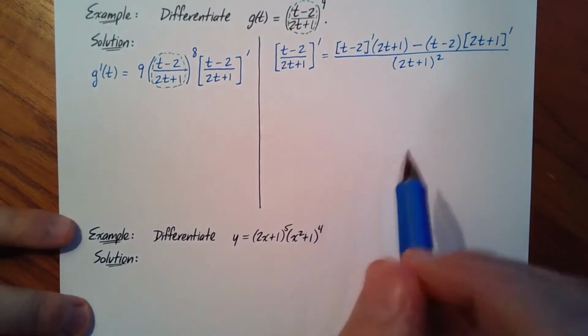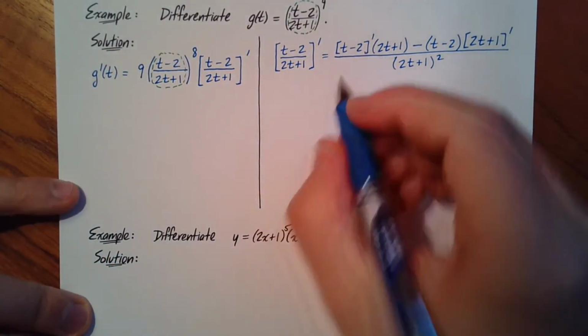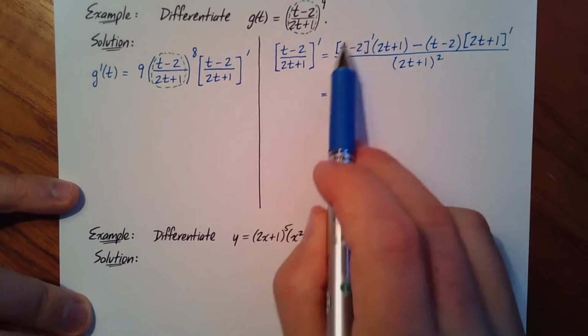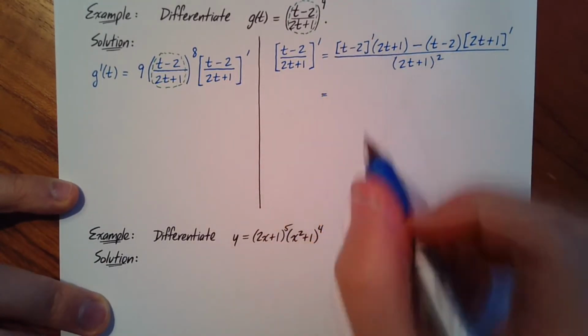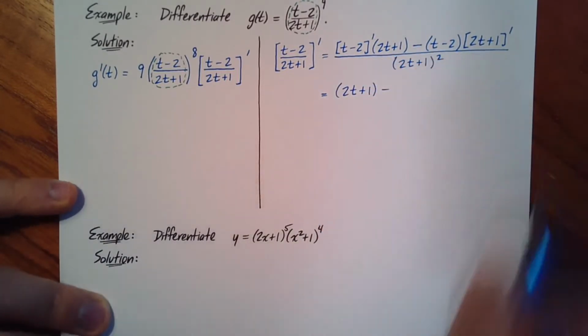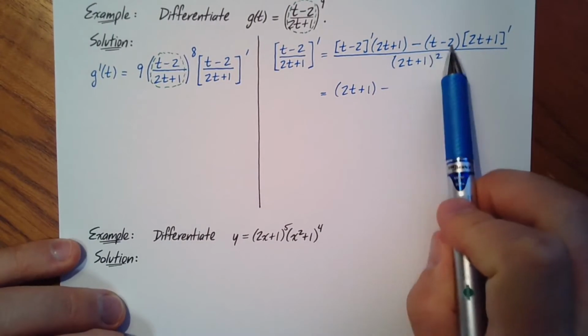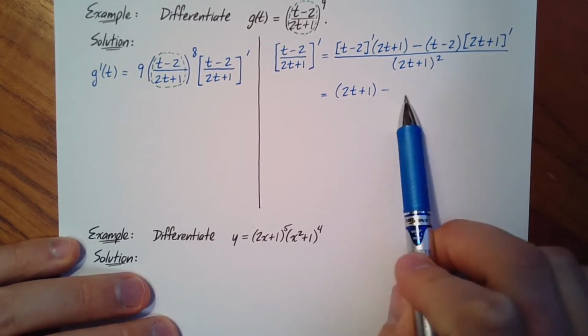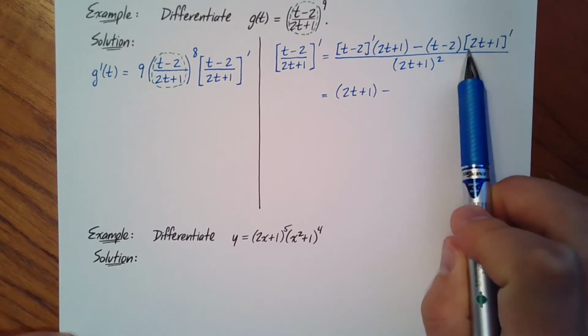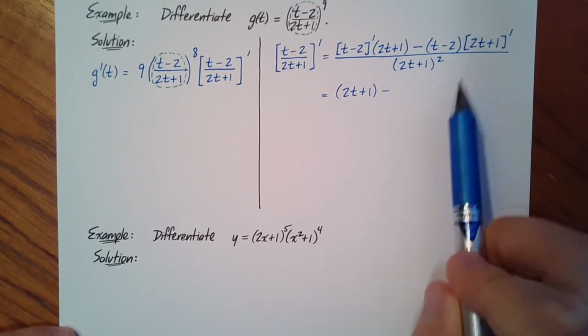So now let's finish this off. Because t minus 2, if you take its derivative, you're just going to get 1. So the derivative of this function is just 1. So we're just going to have 2t plus 1 minus what? Then we'll have t minus 2, that'll go here, times the derivative of 2t plus 1. What's the derivative of 2t plus 1? Well, derivative of 2t is just going to be 2.